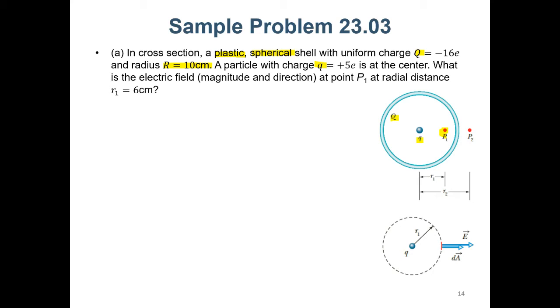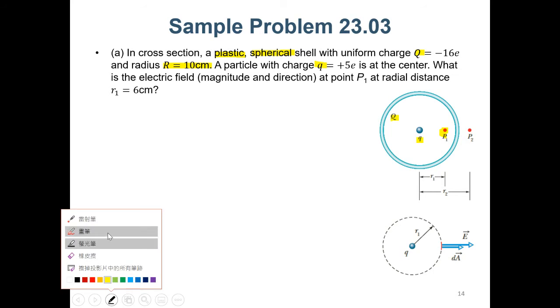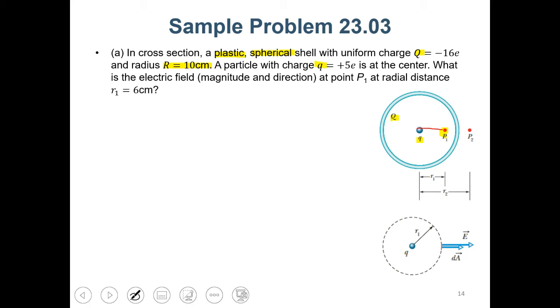For point P, you consider a Gaussian surface with radius R1. So this is R1, this is R1. You imagine there is a Gaussian surface here.